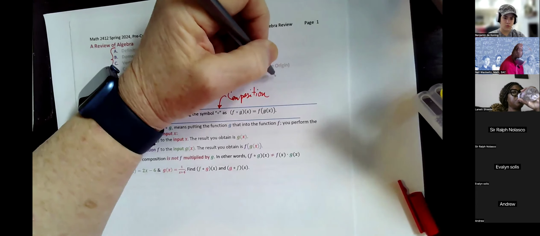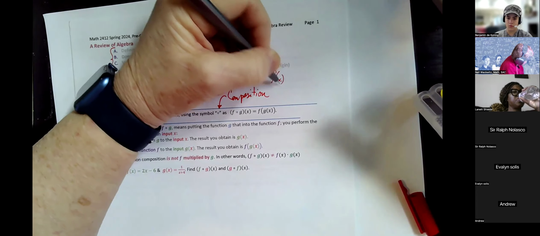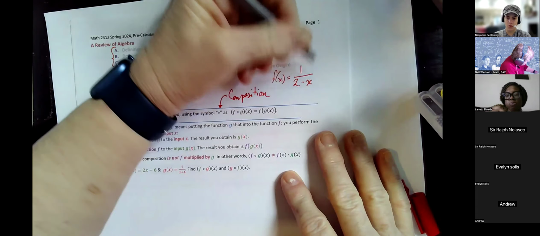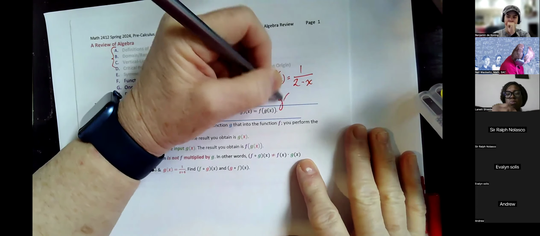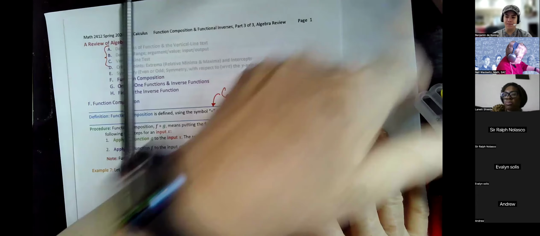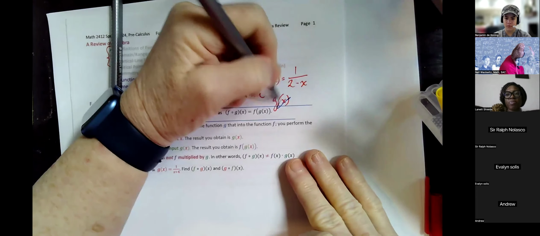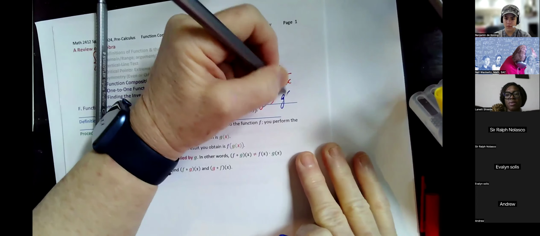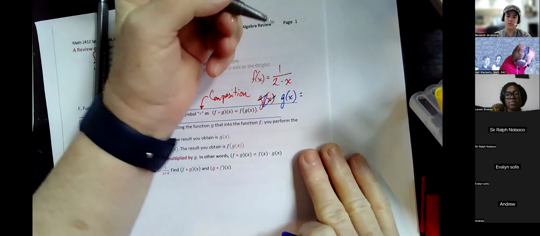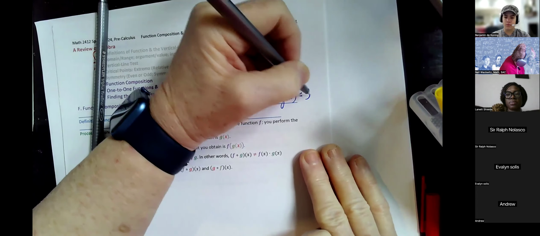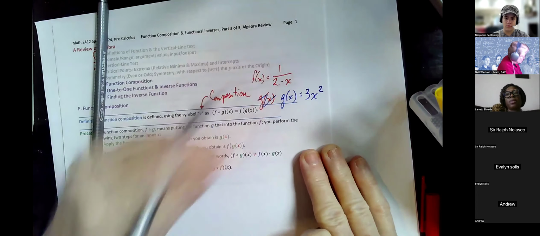So if we have f of x as 1 over 2 minus x, and say g of x, let's make g of x a different color, as 3x squared.